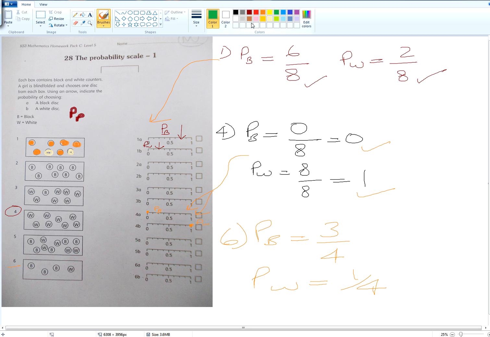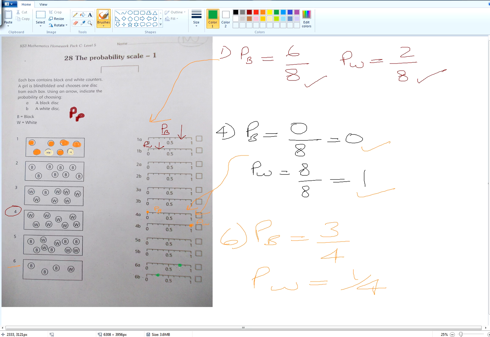If you look at the line, 3 quarters now, the line is still divided into eighths. So how many eighths is 3 quarters? 6. Okay, because they've divided it into eighths. Now, how many eighths is 1 quarter? 2.